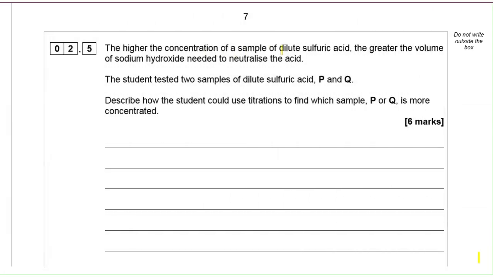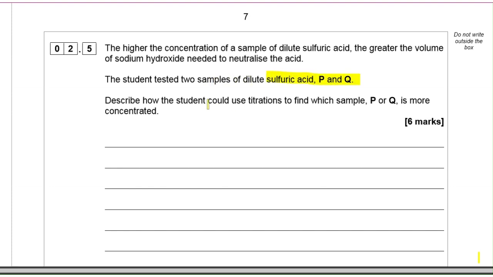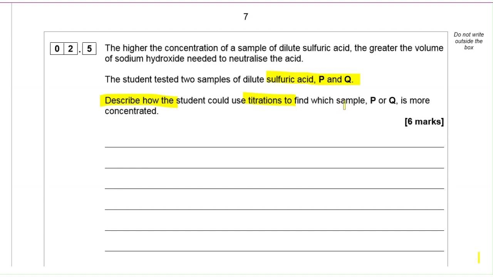2.5. The higher the concentration of a sample of dilute sulfuric acid, the greater the volume of sodium hydroxide needed to neutralize the acid. The student tested 2 samples of dilute sulfuric acid, P and Q. Describe how the student could use titrations to find which sample, P or Q, is more concentrated.